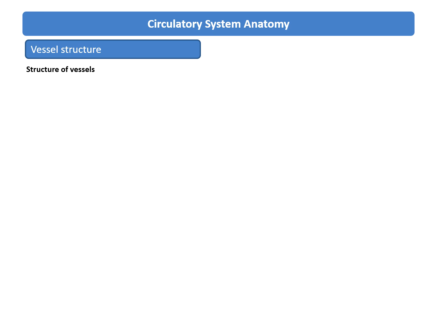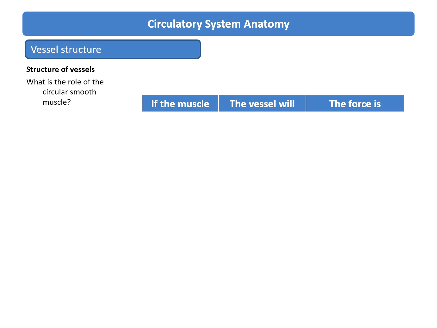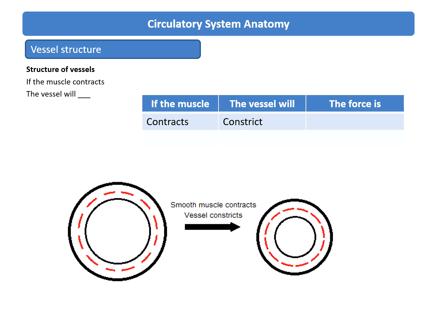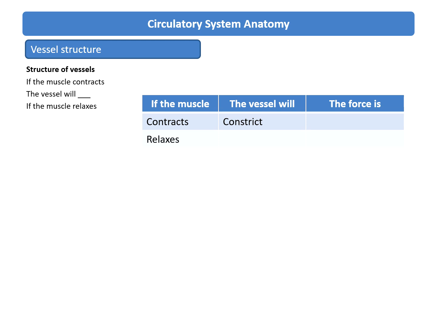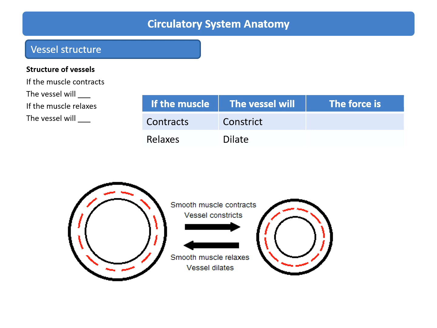Let's look at more details. What is the role of the circular smooth muscle? Well, if the muscle contracts, what happens to the vessel? The vessel will constrict. If the muscle relaxes, what will the vessel do? It will dilate. What's the force causing constriction of the muscle?